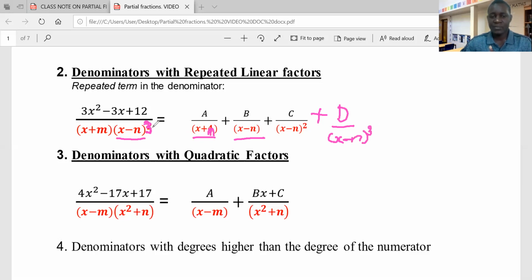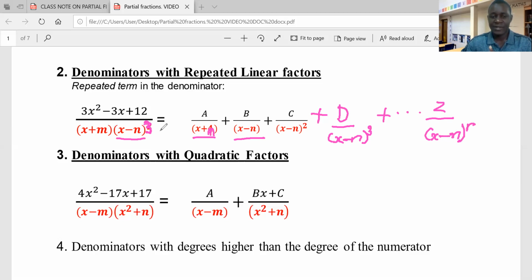If it has power 4, we keep writing the fractions in increasing power of that particular factor that repeats itself until we get to, let's say, z over (x - n) to the power of r.